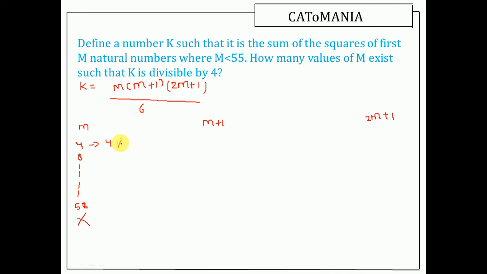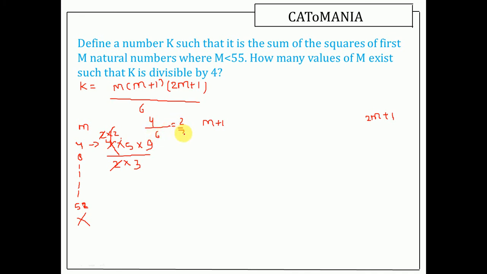It is 4 into 5 into 9 divided by 6. I will write it as 2 into 3. But what happens is 2 cancels out this 4. It is only a multiple of 2, not a multiple of 4, right? So what do we have to do to ensure that it is a multiple of 4?